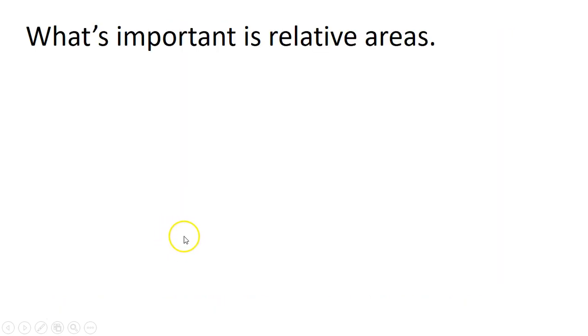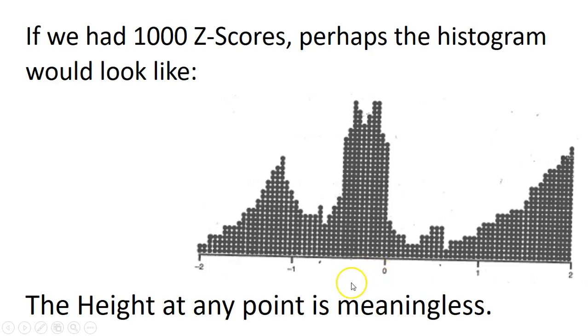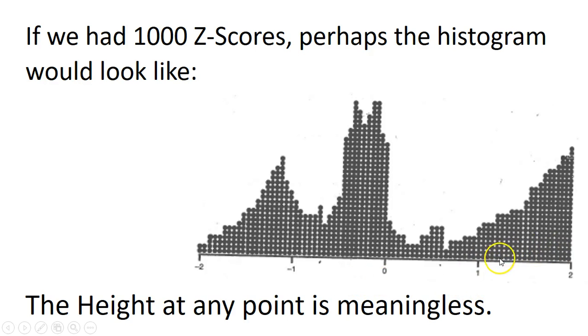So what's important is relative areas. For example, in that last diagram, what percentage of the area is between z-scores 1 and 2? It's still 30%. Even though you look at this one and go, between what? Between 1 and 2.